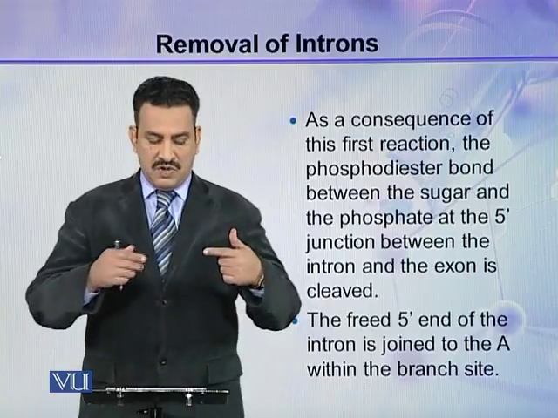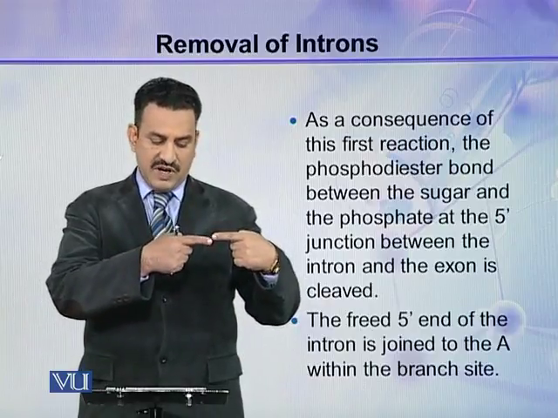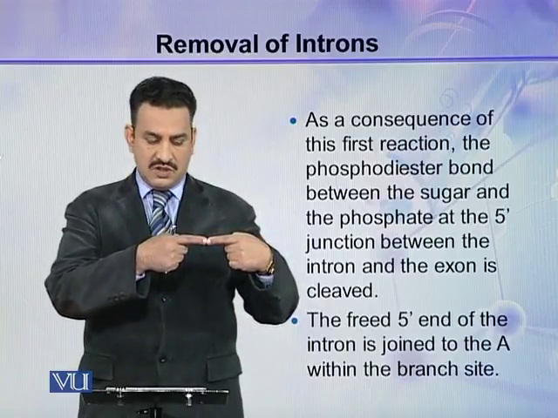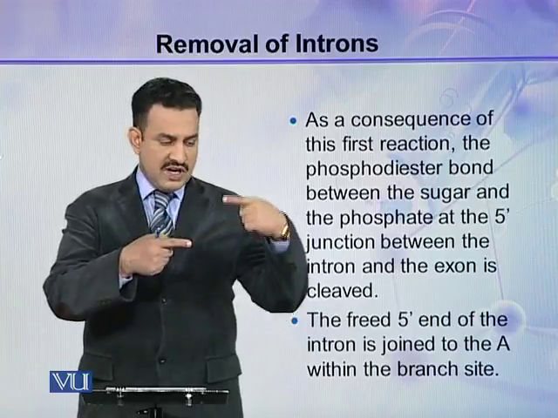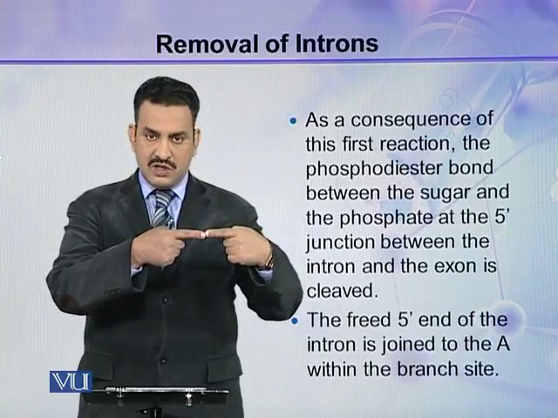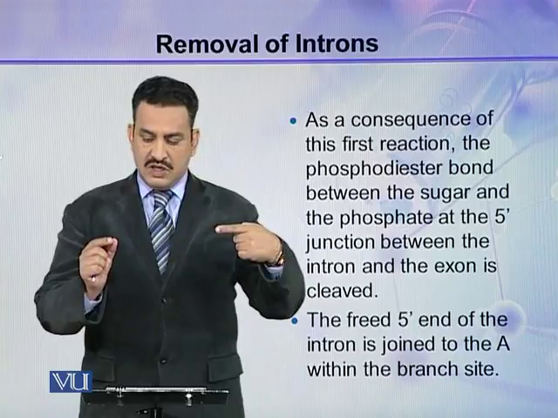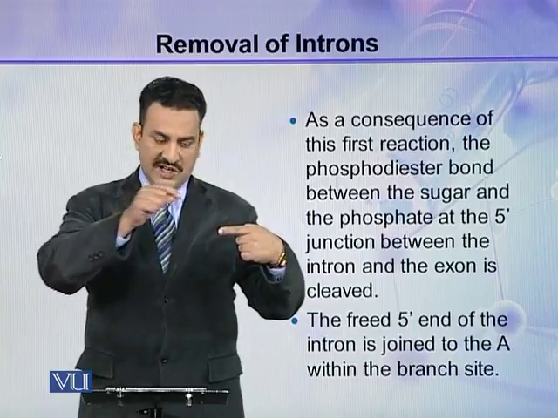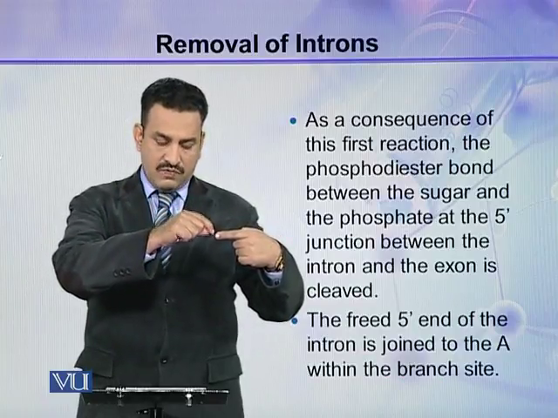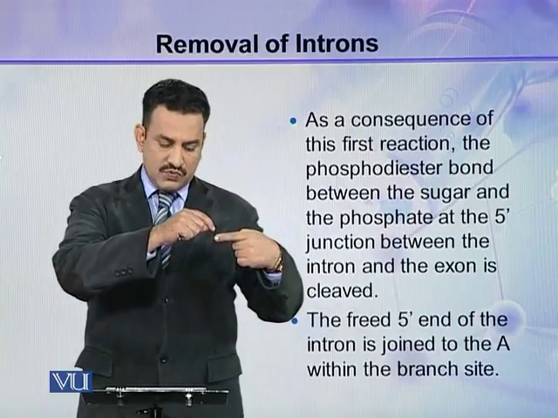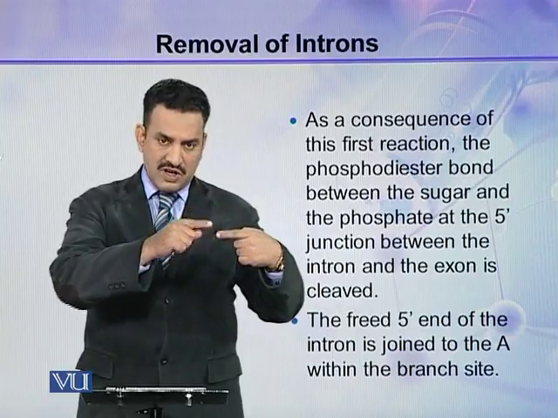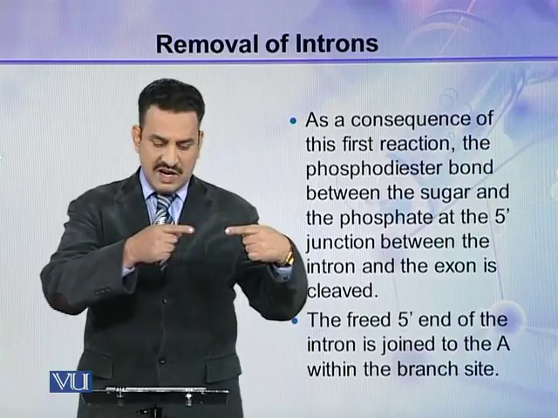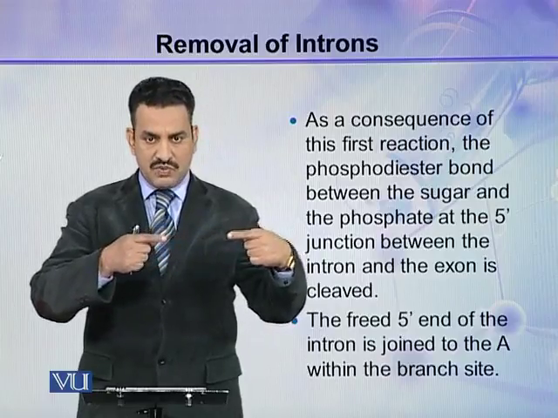So at the 5' splice site, the intron and exon are joined, but when the 2' OH attacks this phosphodiester linkage, this phosphodiester linkage is broken, and the exon and intron get separated.